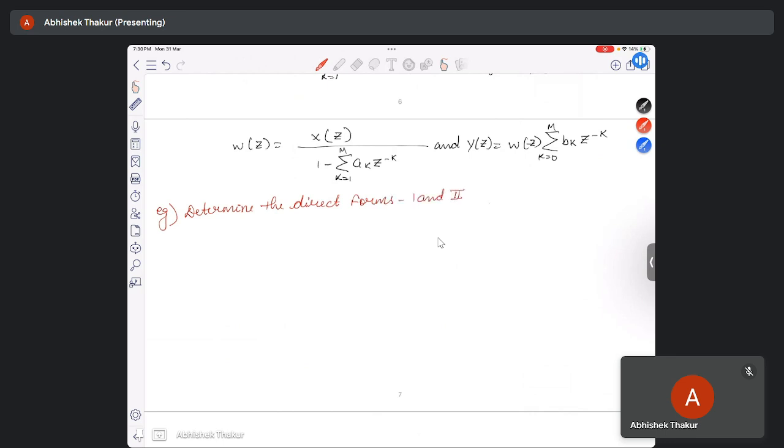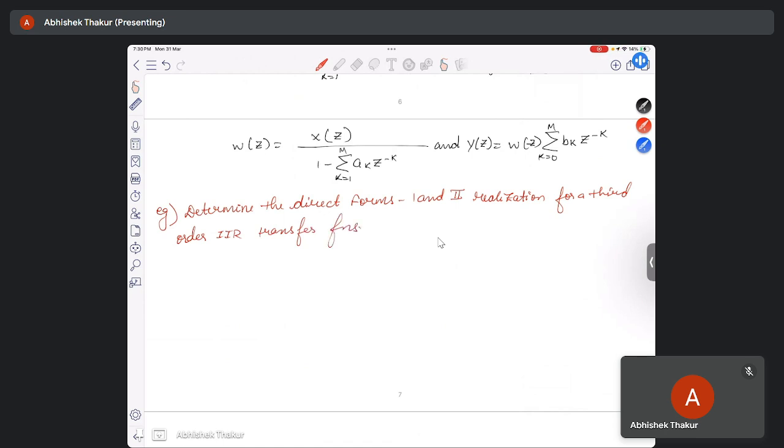Determine the direct form 1 and 2 realization for a third order IIR transfer function.